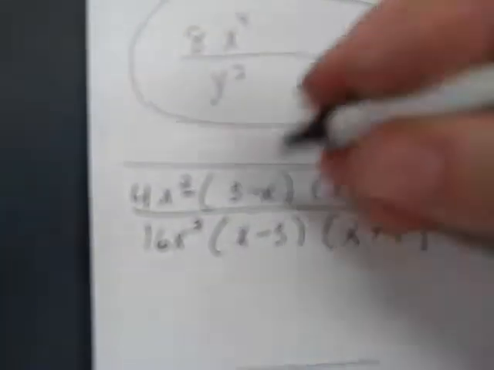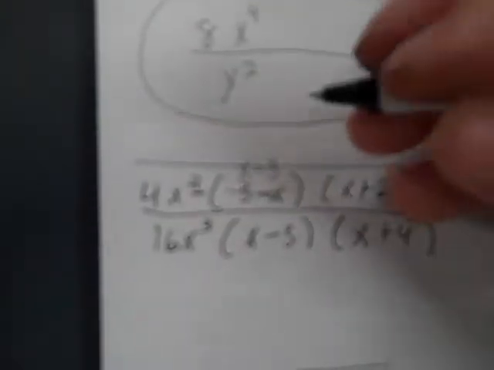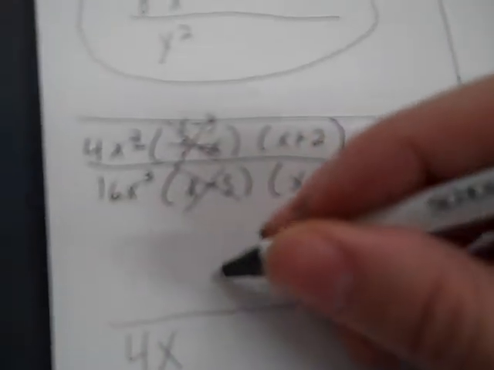Okay, you put a negative outside the parentheses. Put a negative there. And then that allows you to reverse the order. Okay, so x minus 3 can go away. And then x plus 2 and x plus 4.